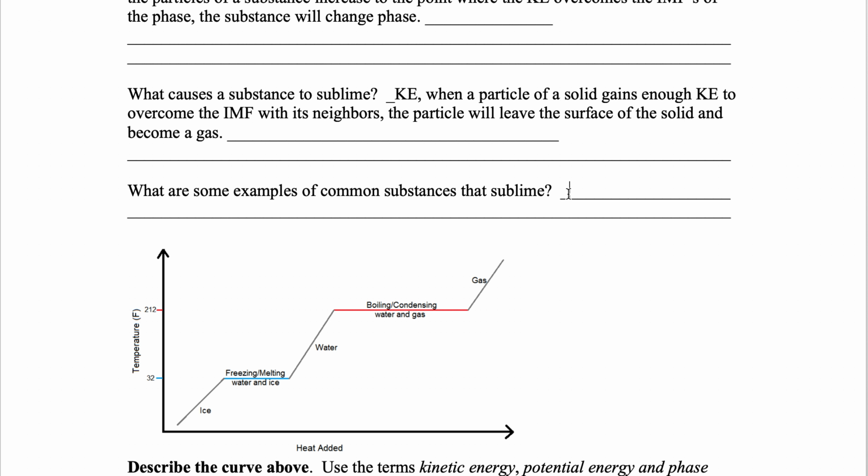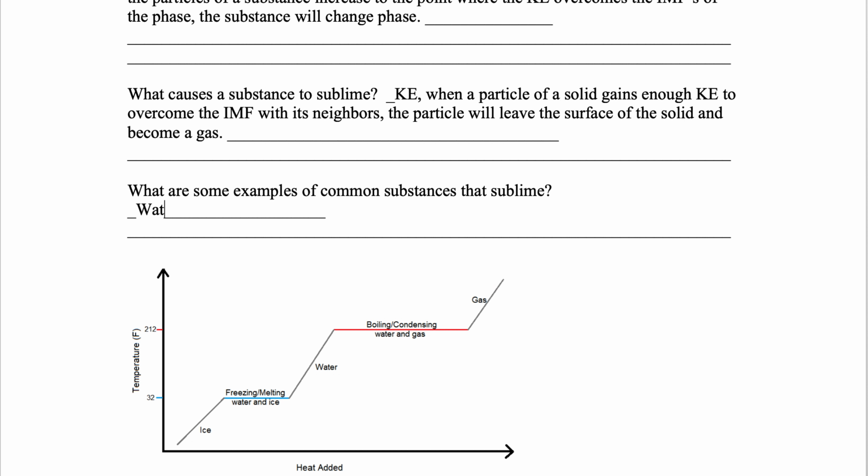Let's see. Substance that's sublime, water. Ice. Ice will sublime. And you've all seen it happen, whether you are aware of it or not, you have witnessed a patch of ice outside that reduced in size and the ambient temperature never got above freezing.